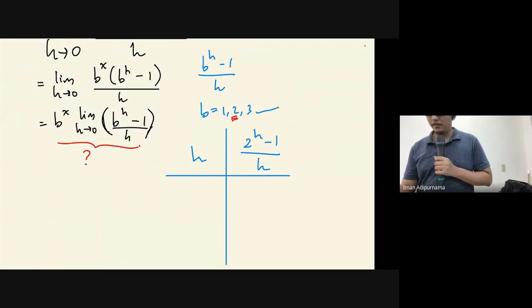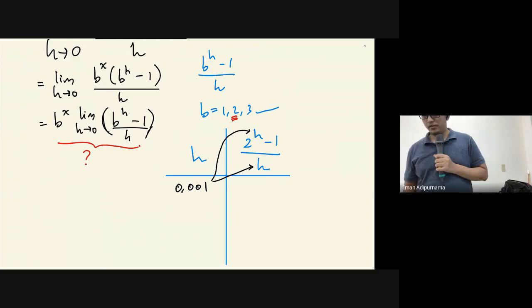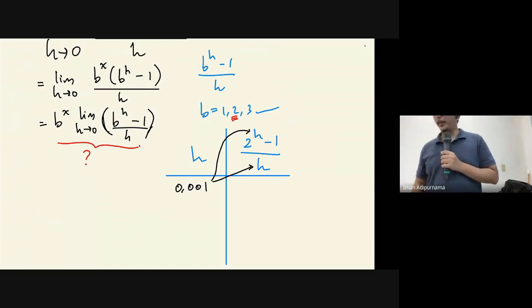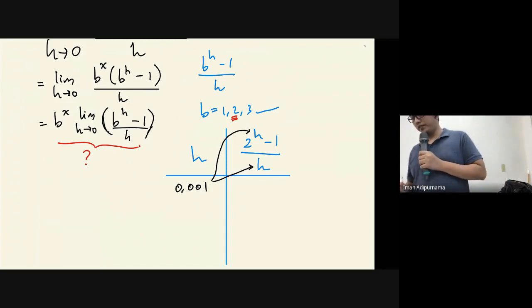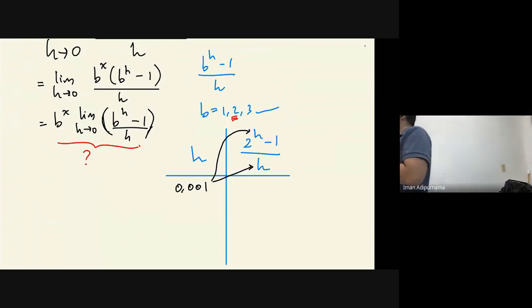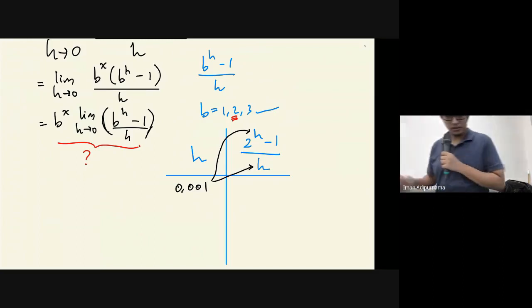This is h. Okay, so as the h, for example, 0.001. Okay, you plug in this number to h here. Anyone bring a calculator? Can you make sure 2 to the power of 0.001 minus 1 and then divide by 0.001? What number do you get?